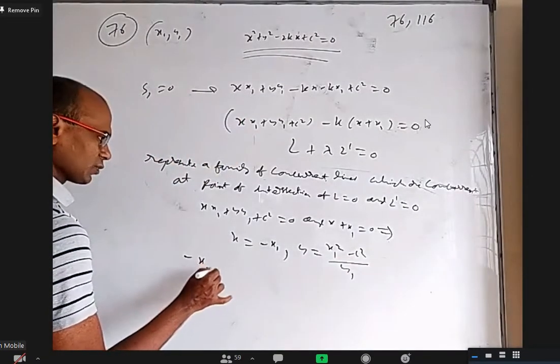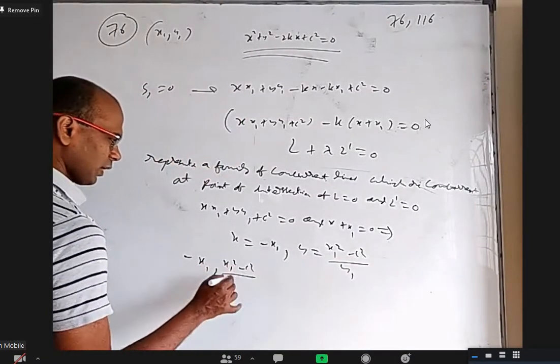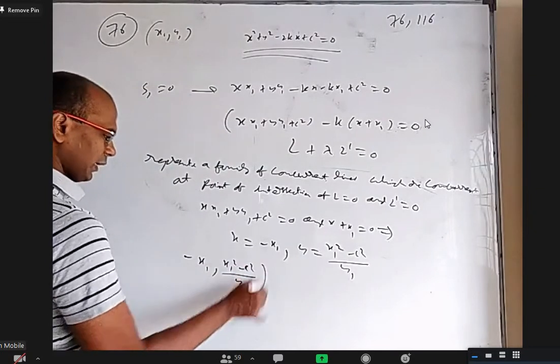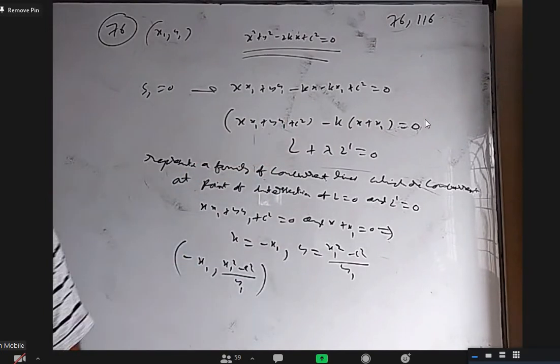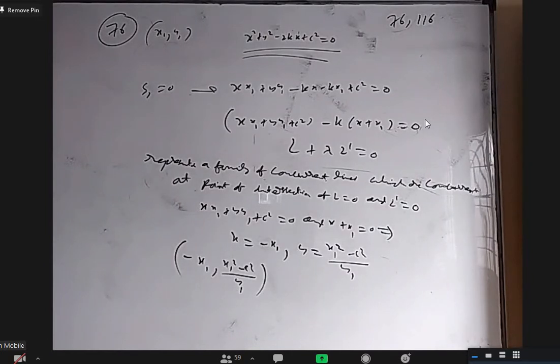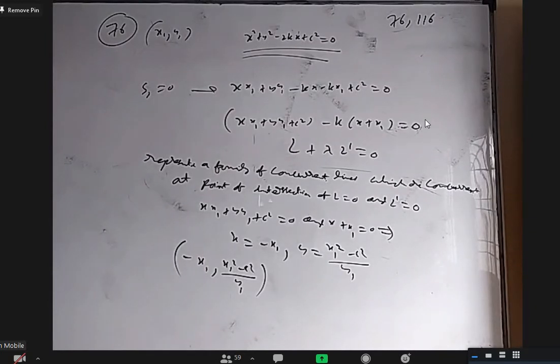So minus x1 comma (x1 square minus c square) by y1 is the point through which this line always passes. Is it okay? 76? Yes, sir. Okay.